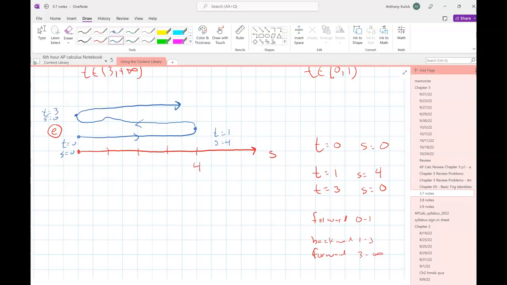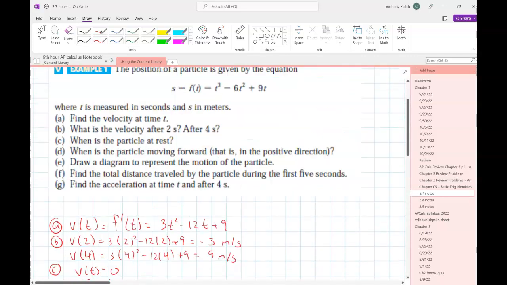Is everybody okay with how I drew that diagram? Okay. Not a big deal there, right? Part F says, find the total distance traveled by the particle during the first 5 seconds.